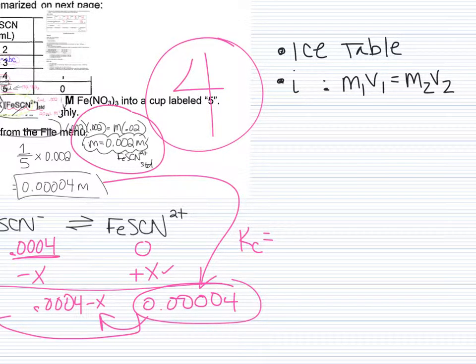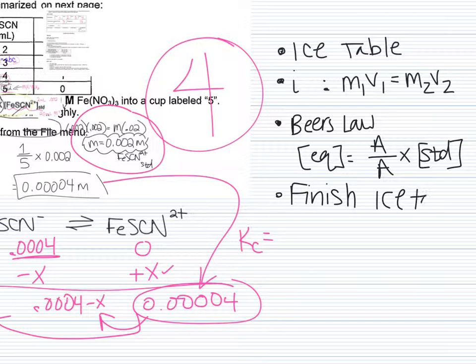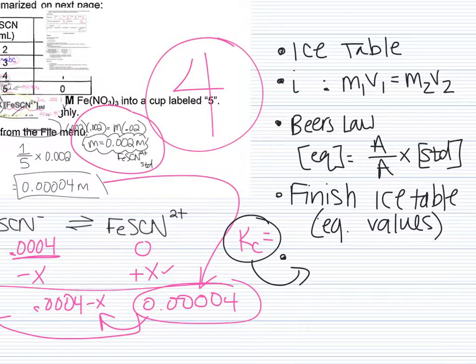Then you're going to use the Beer's Law thing, which was your equilibrium concentration equal to absorbance over absorbance times standard concentration. Once you have that, you finish the ICE table, as in you get equilibrium values. And last but not least, you solve for your equilibrium constant. You're hoping that the constant stays the same. That's your goal. All right, good luck.